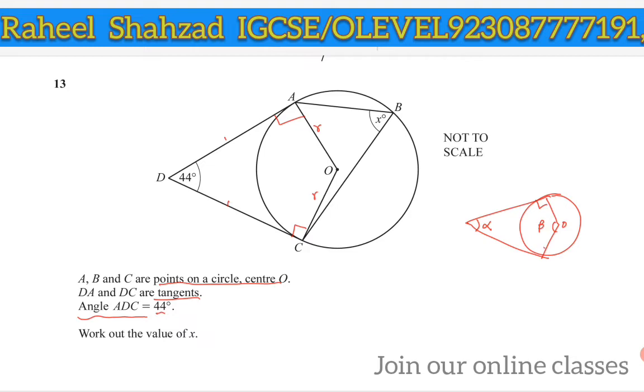Since these are 90 and 90, 180, and a quadrilateral adds up to 360 degrees, alpha plus beta is always equal to 180 degrees. Okay. So 180 minus 44 we are going to do. It's 180 minus 44.